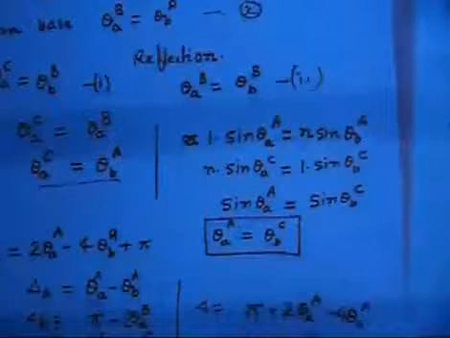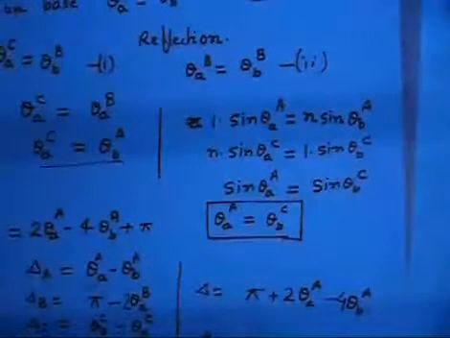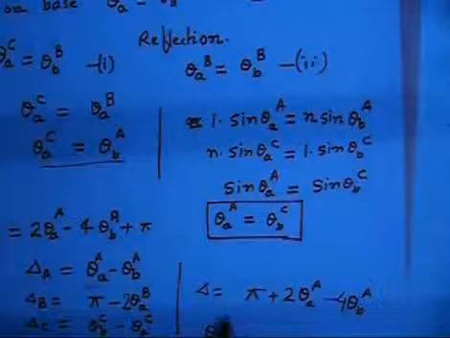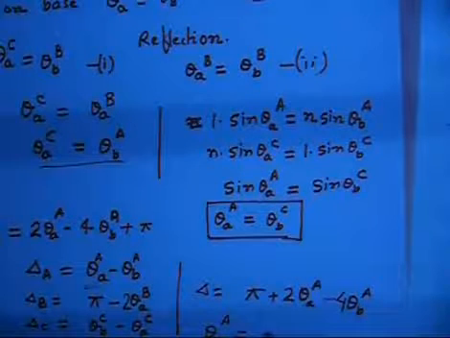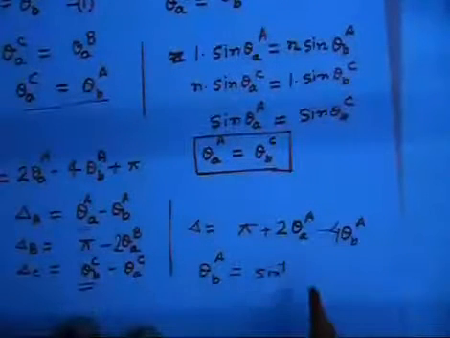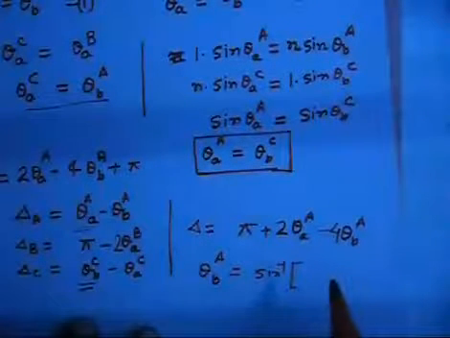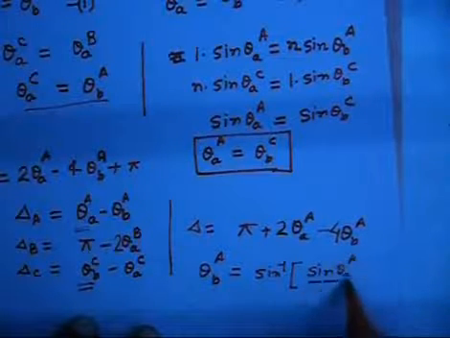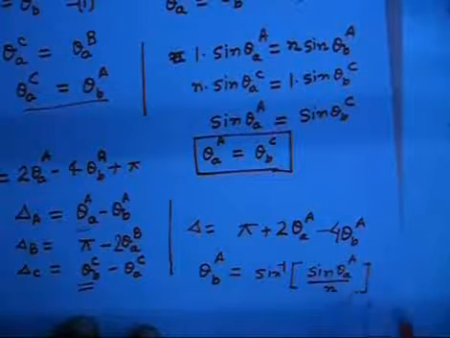So theta B at A is nothing but sine inverse of sine theta A at A by n.